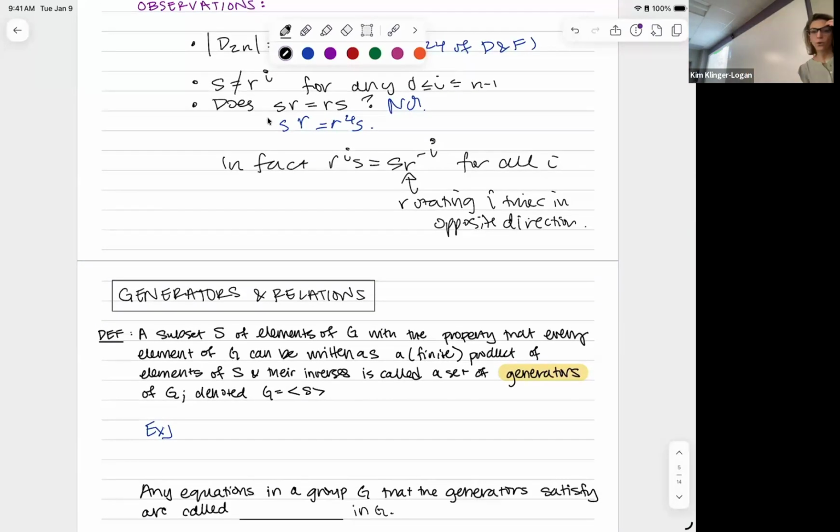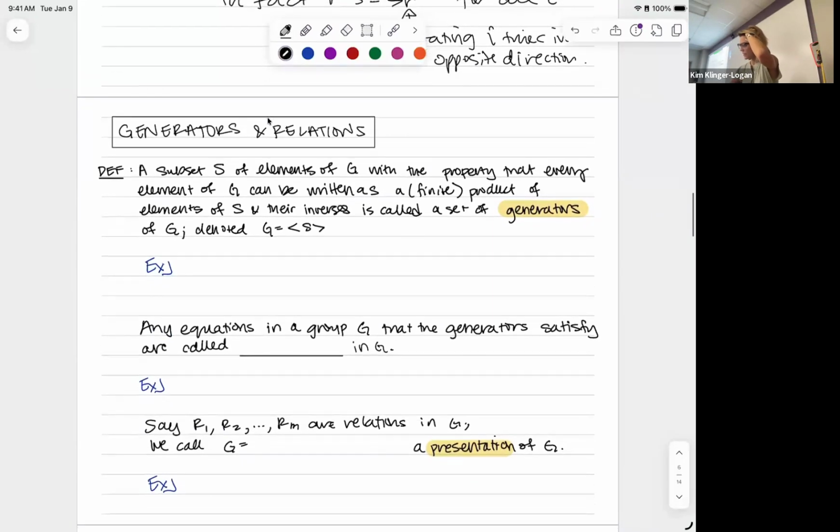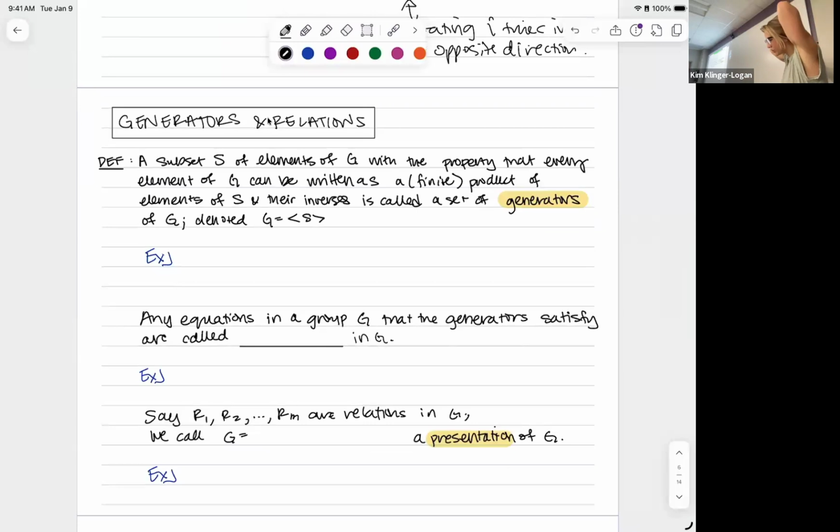Okay. So a subset S of G with properties that, sorry. So to give a nice full presentation, the elements R and S that we've listed above, we can think of as examples of generators of a group.